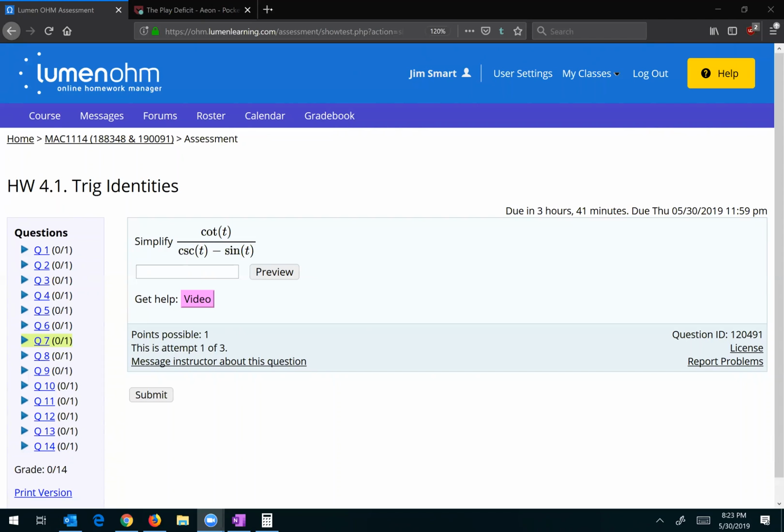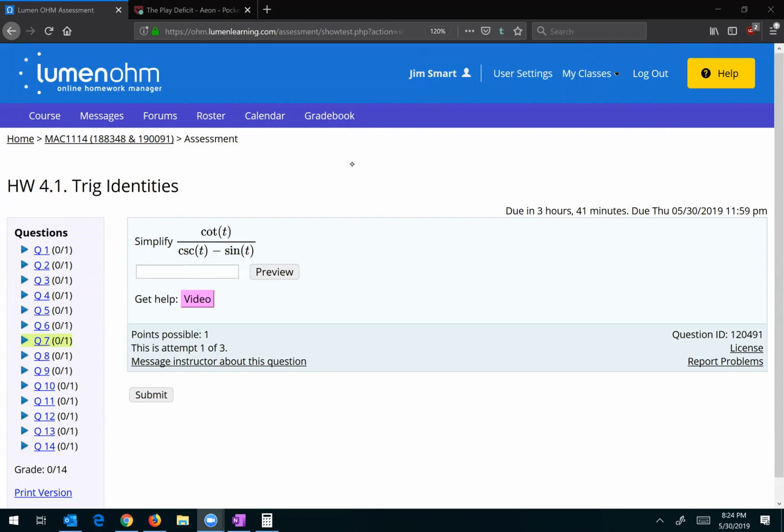Mostly it's probably going to be modules 3 or 4, although if you've already started on the test review, you could ask questions from that. Can you do the 4.1? Well, the main things you have to know for 4.1 in terms of simplifying or verifying identities is you need to know how to change the trig functions that are not sine or cosine into sine and cosine.